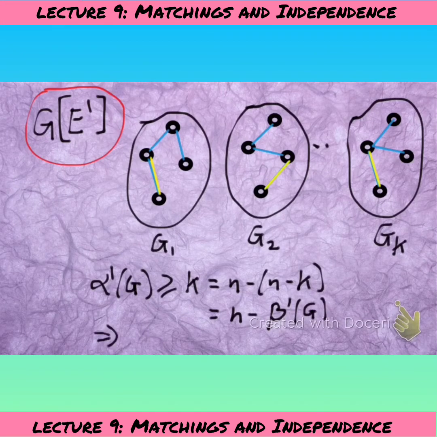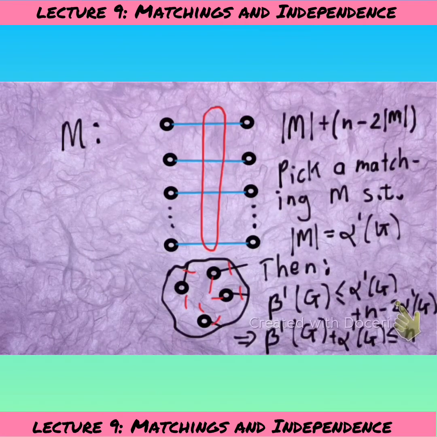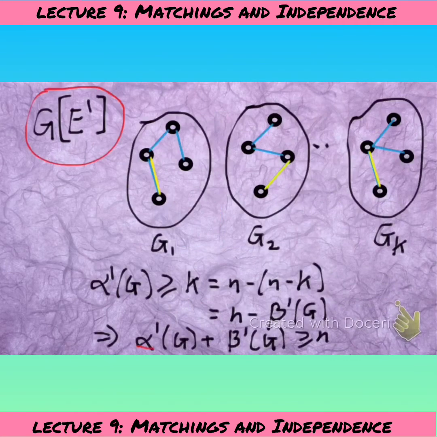And that is going to imply that alpha prime of G plus beta prime of G is going to be at least n. Remember we proved that it's at most n. We're proving that it's at least n. Okay, so therefore you have equality.